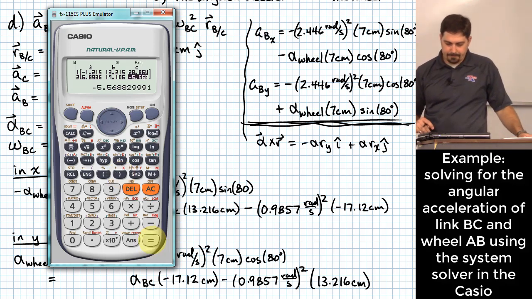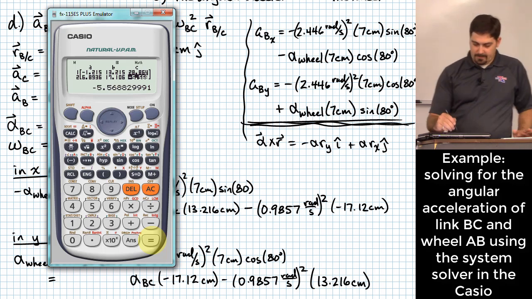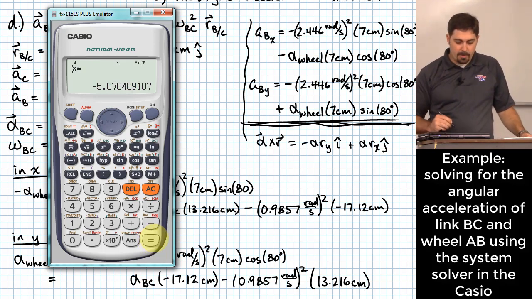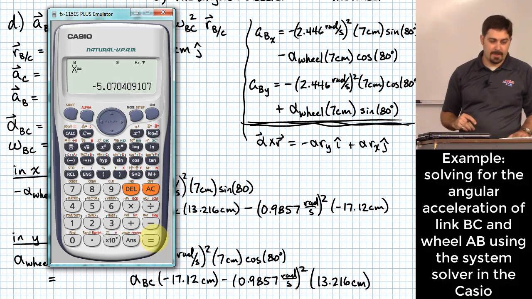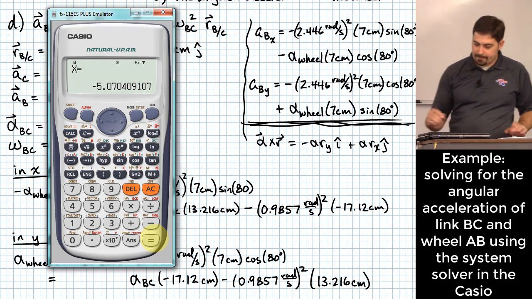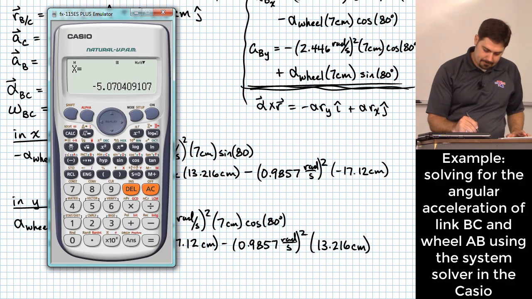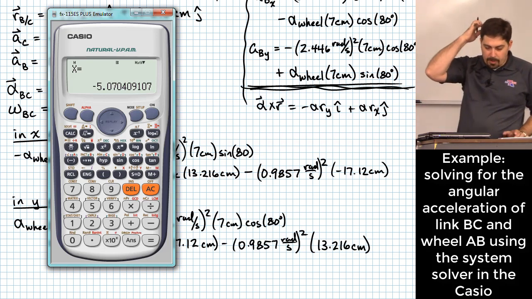All right. When I hit equals, we'll have the moment of truth. Okay? So what comes out of here, the first variable that we were solving for, is alpha wheel. So that gives me a negative 5.07.